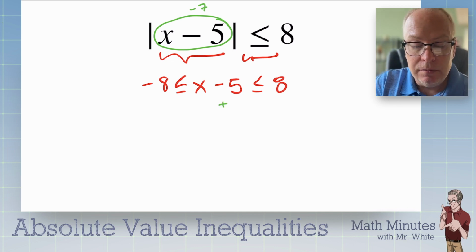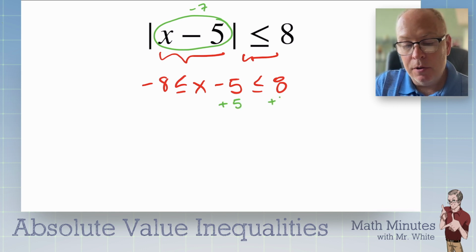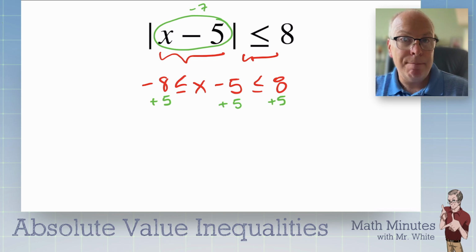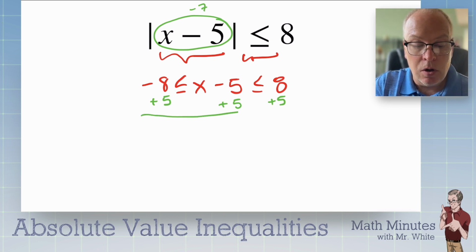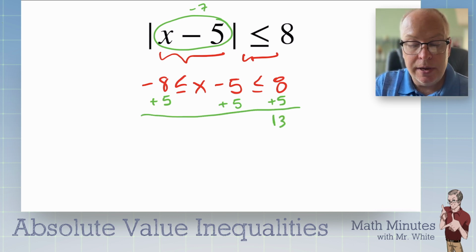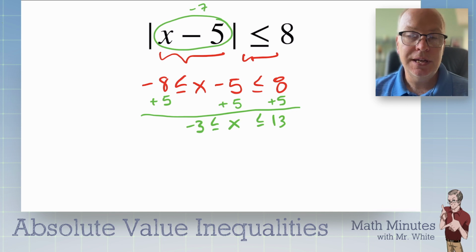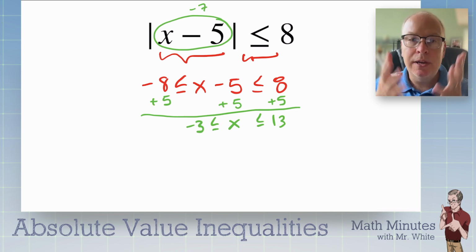So then you solve it. You add 5 on all sides here. There are actually 3 sides. This is called a compound inequality. You work all 3 sides. So we end up getting X is, look at this, it's between -3 and 13. You see how I called this a between question.